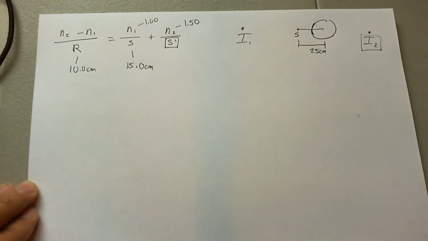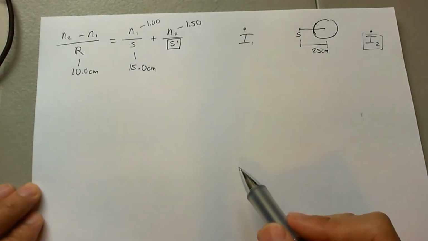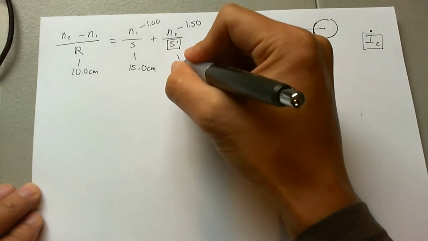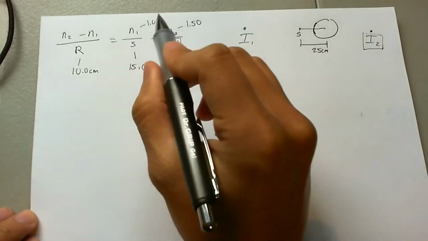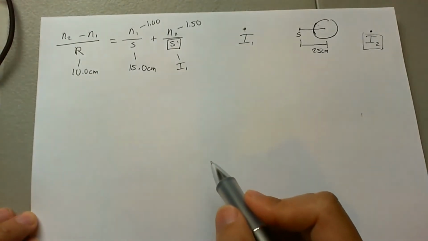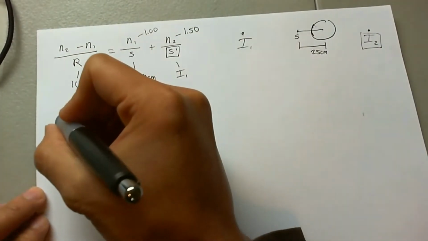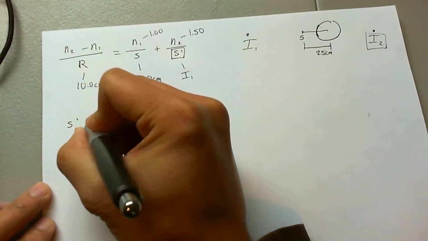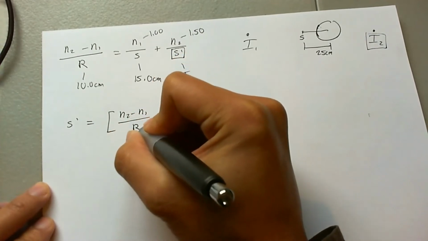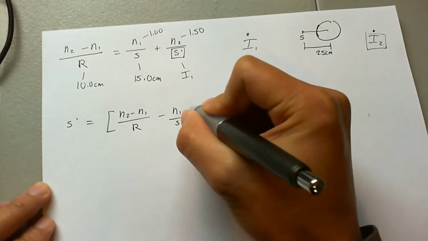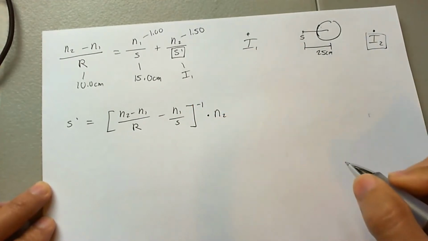So you can see that the picture already hints to you, you're going to need to use this equation twice. This right here will become the first image, which will then need to be used here so we can get the second image. Okay, so let's go ahead and find the first image and then use that to find the second image. Isolating S prime, we have S prime equals n2 minus n1 divided by R, minus n1 over S, to the negative first power, and then times n2.